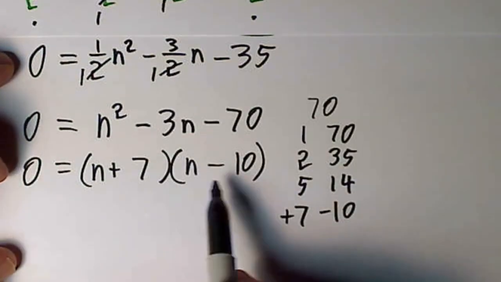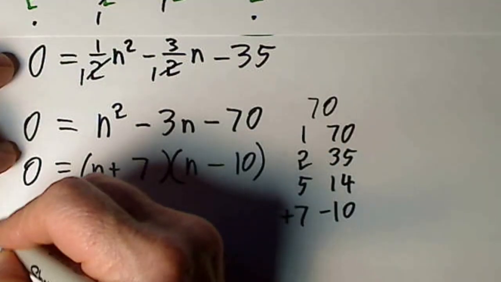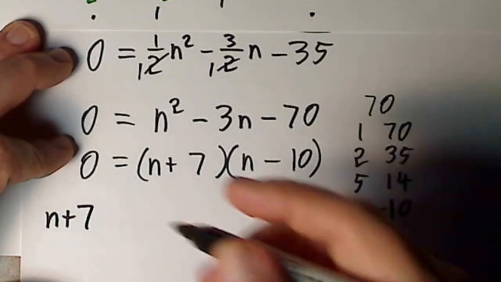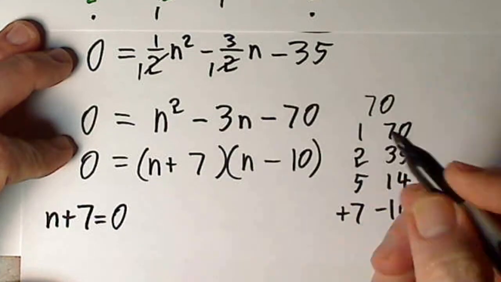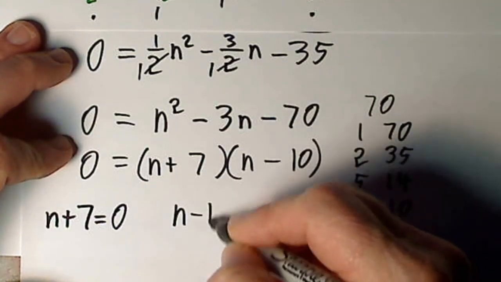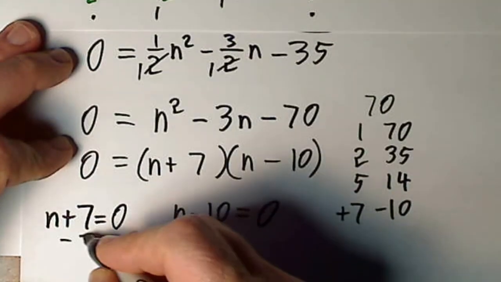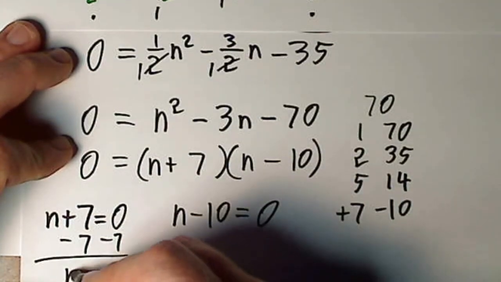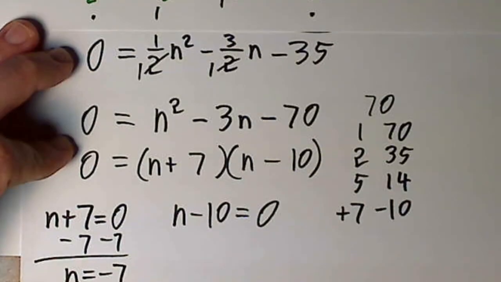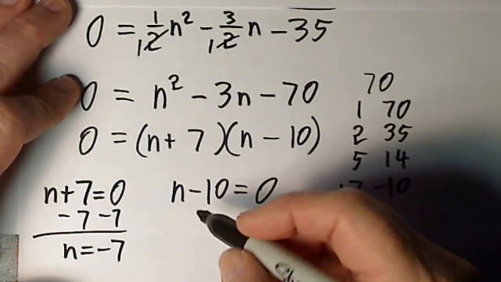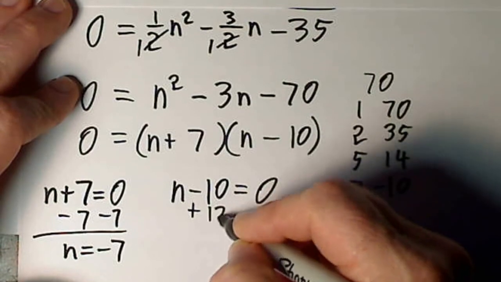You have something times something is 0, so we'll say n plus 7 equals 0, and we'll also say n minus 10 equals 0. You're going to solve for n, subtract 7 from each side, n equals negative 7. And add 10 to each side.